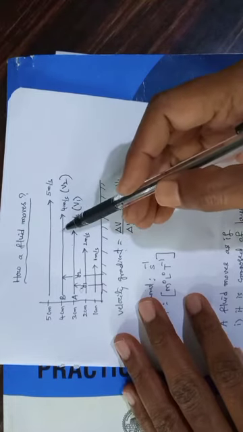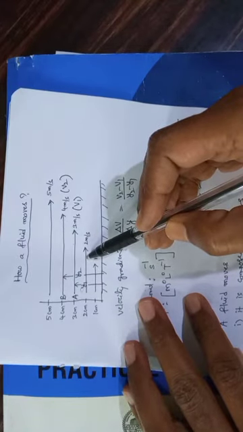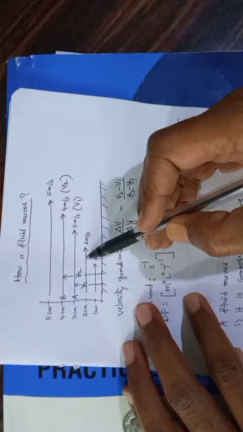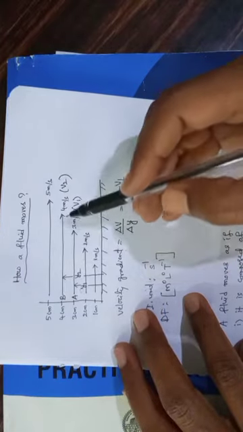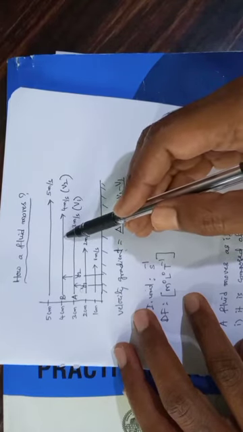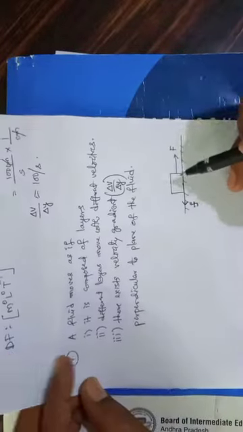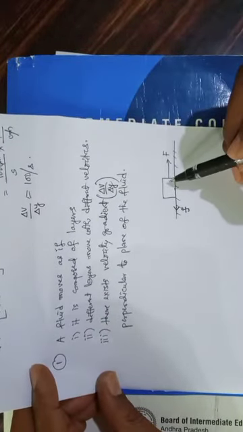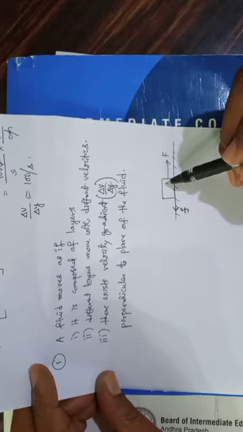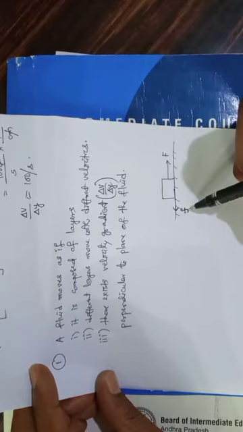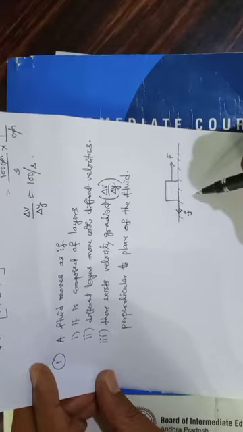Between any two adjacent layers, we can see an opposing force. Whenever there is relative motion between two layers, see here also we defined the same thing. Whenever there is relative motion between floor and the object, then the force of friction is produced to oppose the relative motion.